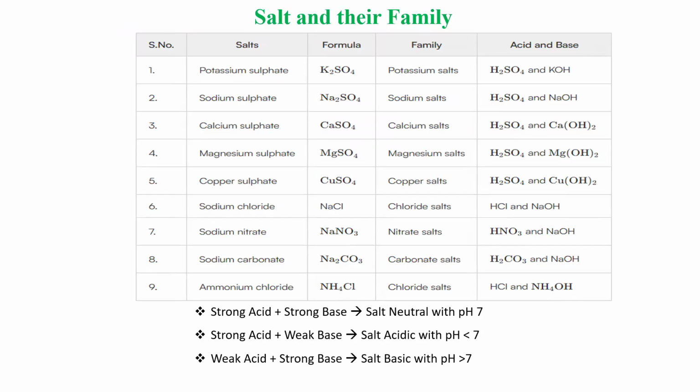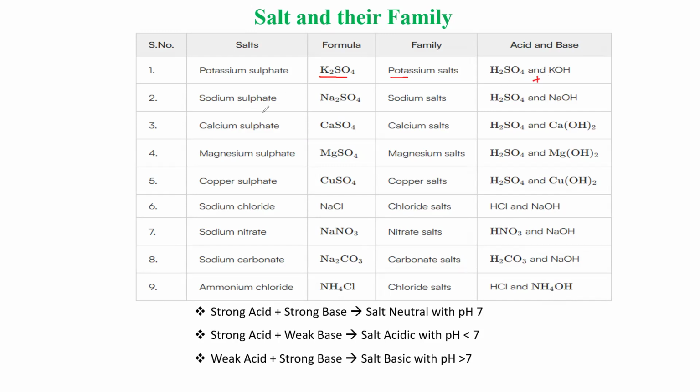Now here we are going to see the salts and their families. How we obtain the salt, and on the basis of their reactants, their name is given. Like here we have potassium sulfate, K2SO4. It is called a salt of the potassium family. Why? Because we obtain this salt from the reaction of H2SO4 plus KOH.